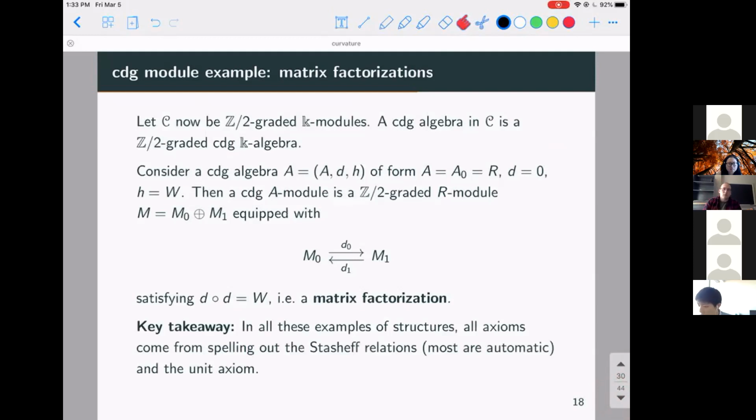But they actually all come from just spelling out the Stasheff relations. In most cases, most of the relations are going to be automatic because maybe here the differential is 0, or you're working in just a DG category instead of a CDG category.